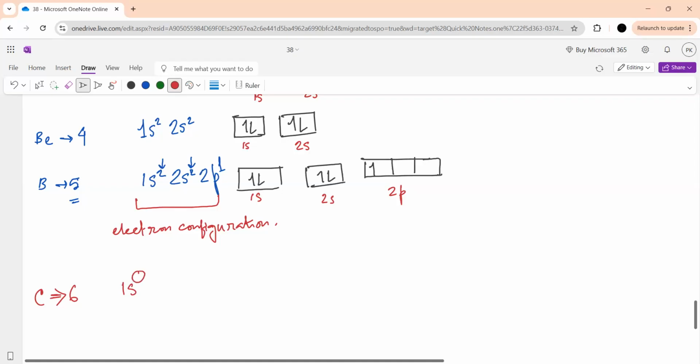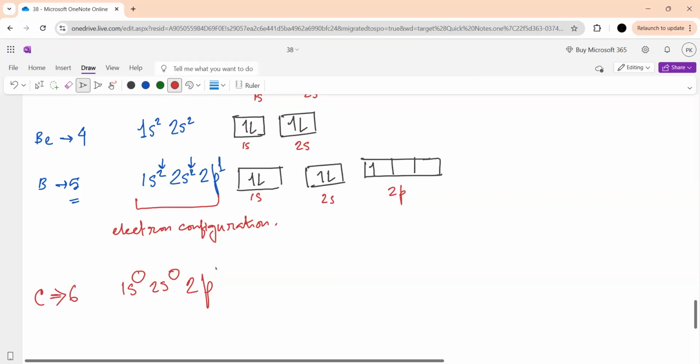What will be the numbers here? 1s dash, 2s dash, 3s dash. Why 3s? After 2s, we have 2p. These are the levels. Like 2 comes after 1, 2p comes after 2s. We have 1s, 2s, 2p, 3s, 3p, then 4s, then 3d. This is the serial, okay? 3s doesn't come after 2s. 2p comes after 2s.